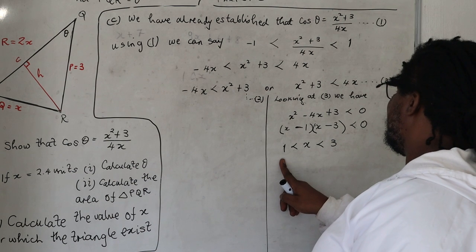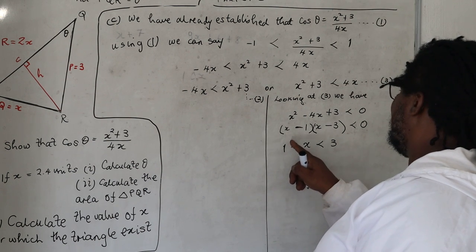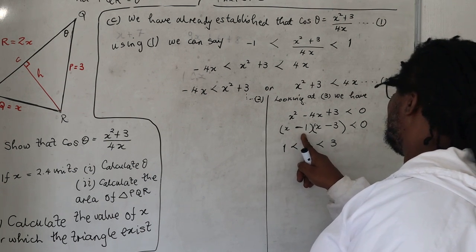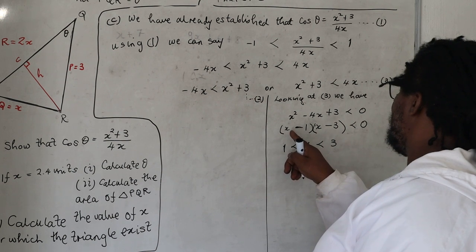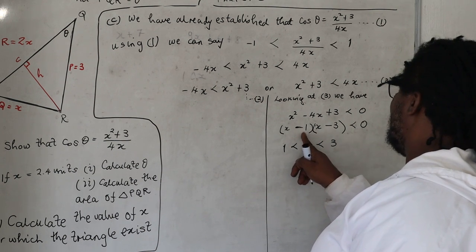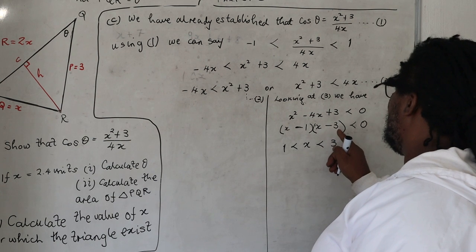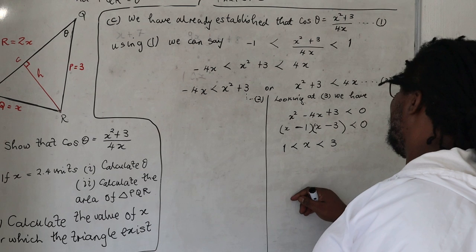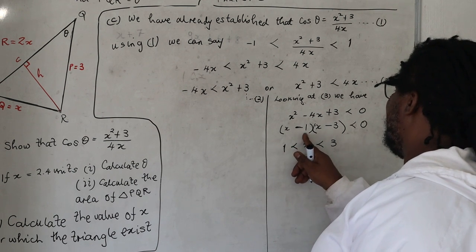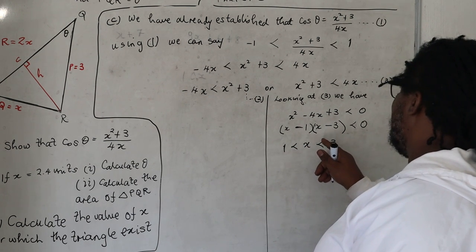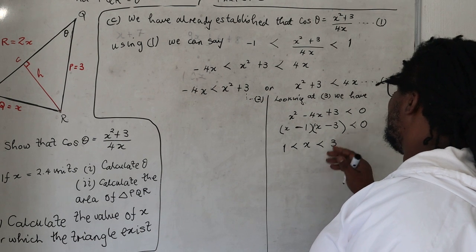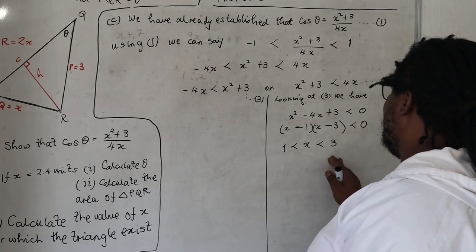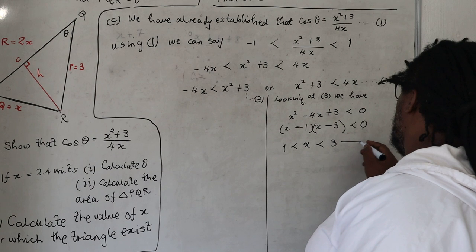Let's say we have 2: 2 minus 1 will give us a 1, 2 minus 3 will give us a minus, and this inequality will hold. If we have a 3, 3 minus 1 will give us a 2, and 3 minus 3 will give us a 0, so slightly lower than 3, this inequality will hold.